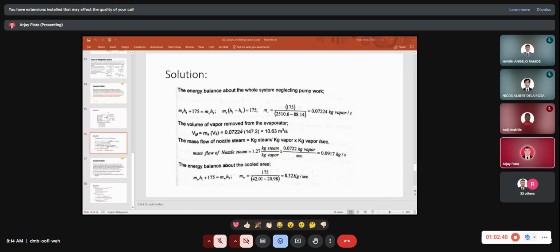So meter cube per kilogram siya. So paki-double check ang temperature at 5 degrees and then double check niyo kung yung corresponding na specific volume ay 147.2.